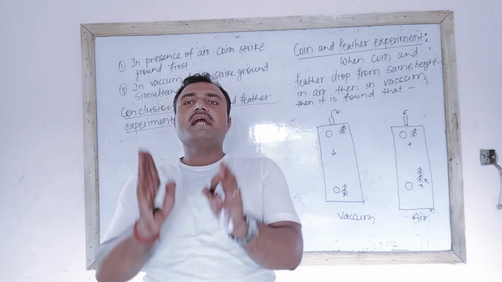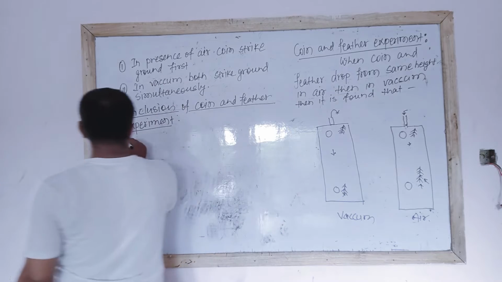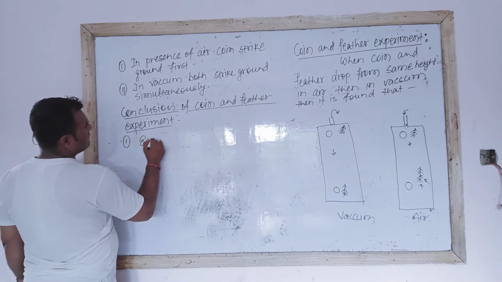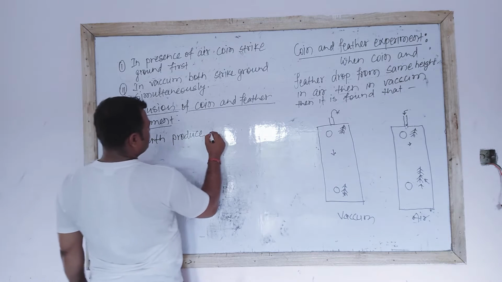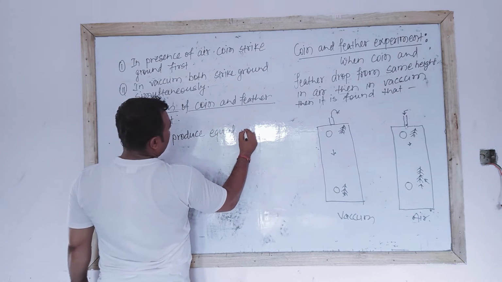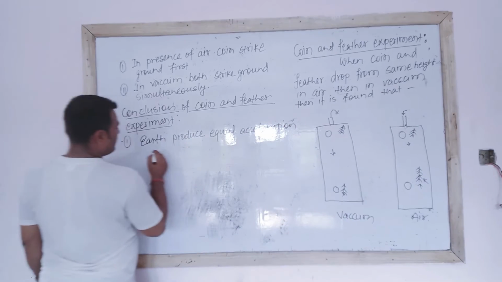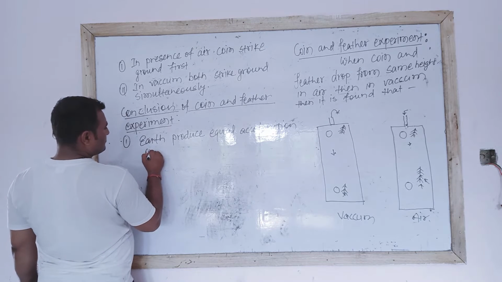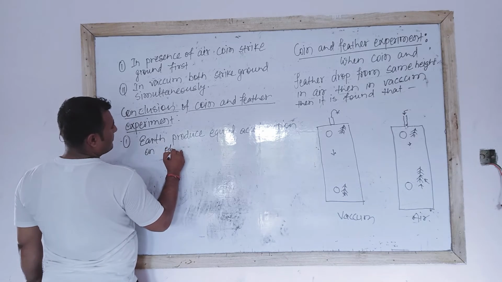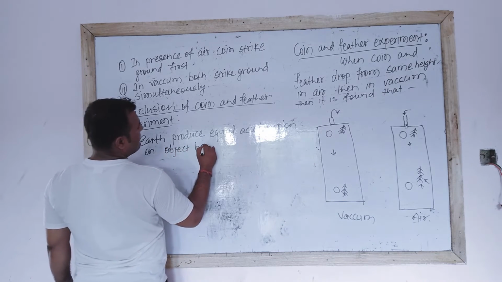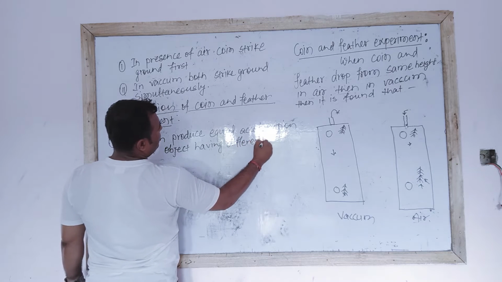It means heavier and lighter objects, large mass and small mass. Here we write: earth produces equal acceleration on objects having different mass.